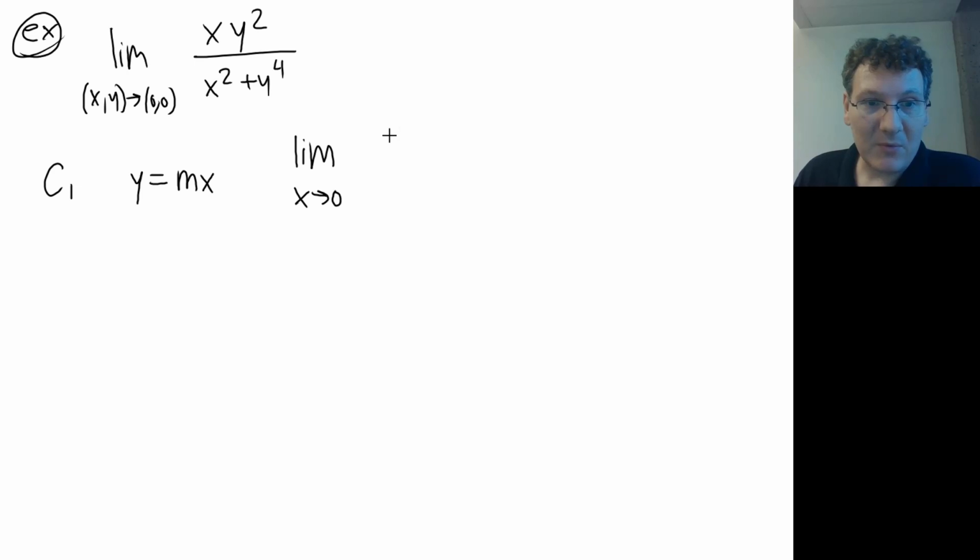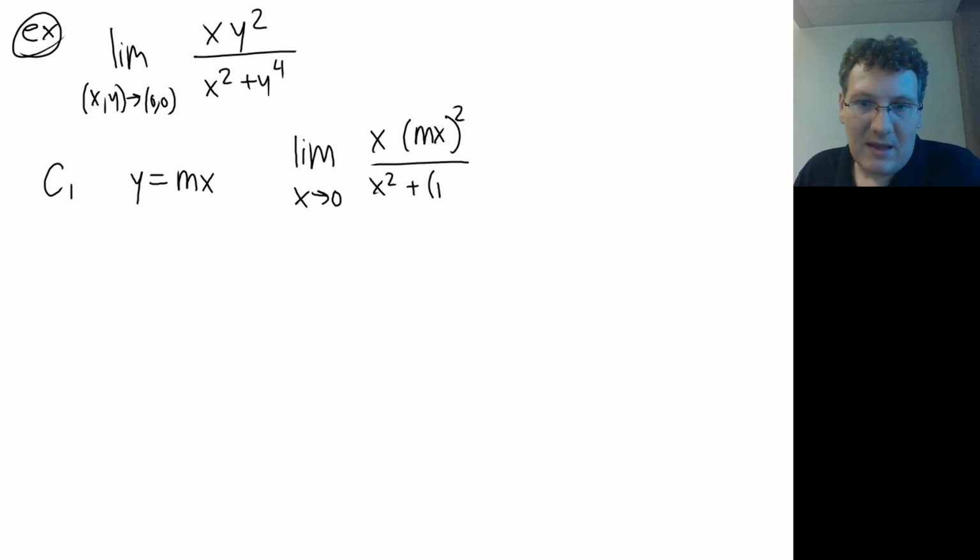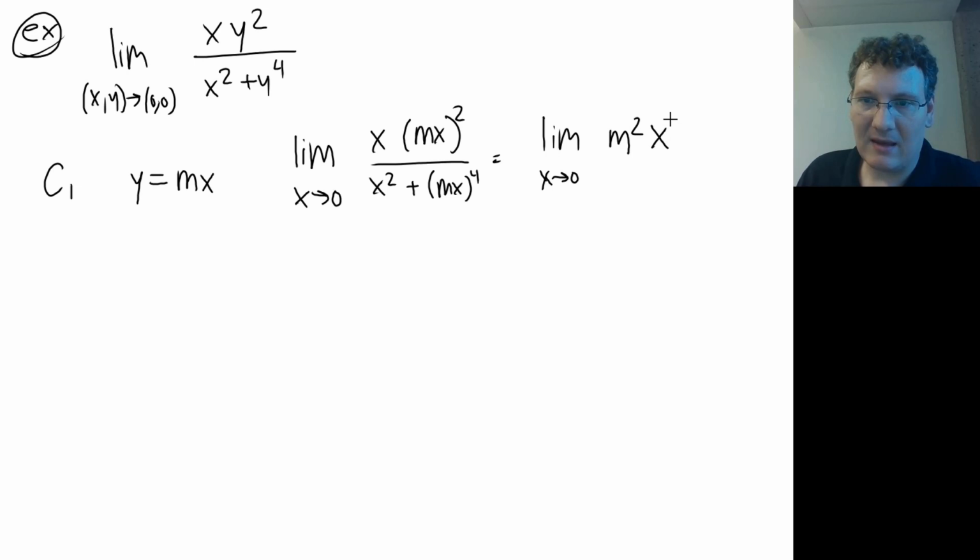What I'm going to have on the numerator is actually m squared. I'll write it out in steps. We'll have x times mx squared over x squared plus mx to the 4th, which is the limit as x goes to 0 of m squared x to the 3rd over x squared plus m to the 4th x to the 4th.